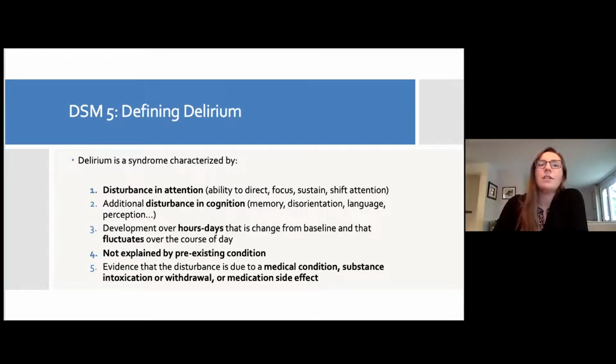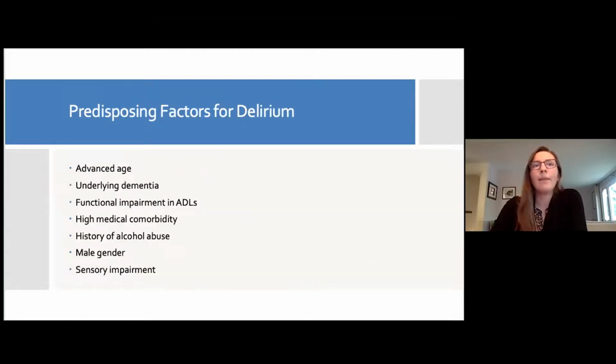And finally, there must be evidence that the disturbance is due to a medical condition, substance intoxication or withdrawal, or a medication side effect. There are a number of predisposing factors for delirium, including advanced age, underlying dementia, and a number of other components listed here.